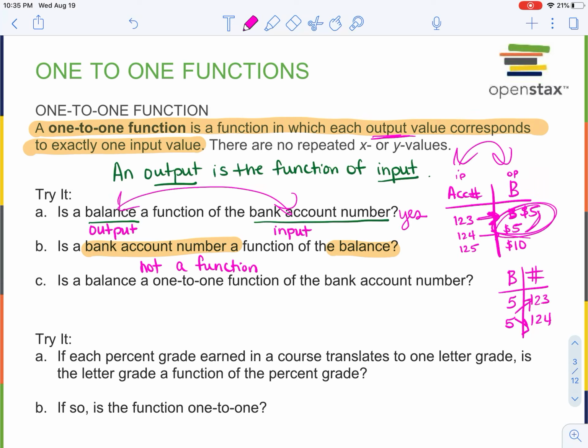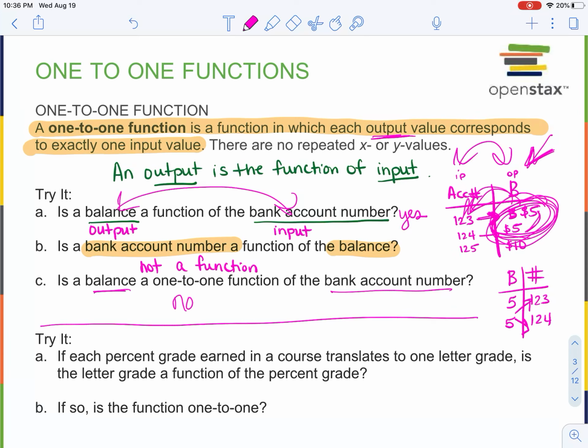The output value is balance. Is balance a one-to-one function of the bank account number? Again, we're looking at it like this, where the balance is the output. We have one output that could be multiple bank account numbers. So the answer here is no.